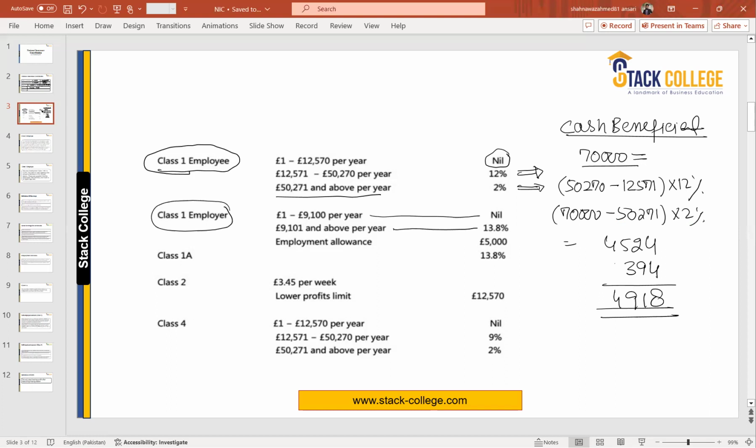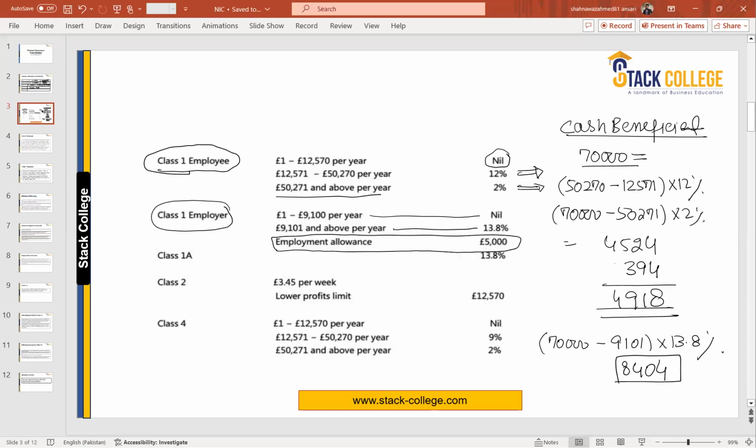So if the benefit is 70,000, the NIC is 70,000 minus 9,100 into 13.8%, and the answer is 8404. Now, if this NIC is more than 5,000, then the employer will get an employment allowance of 5,000. So we'll deduct it from this, and the rest is payable by the employer.